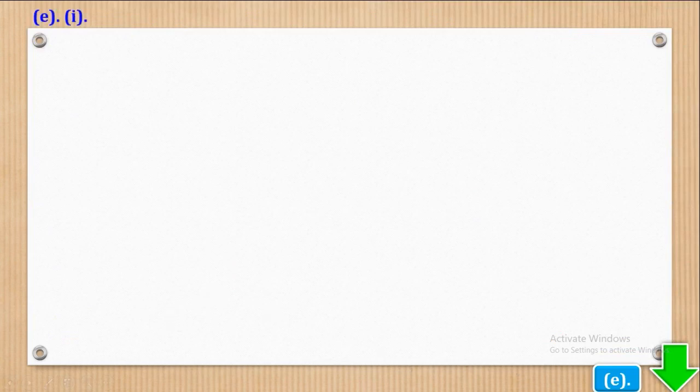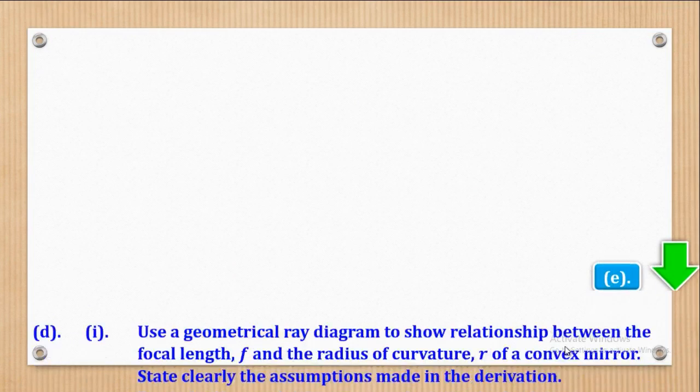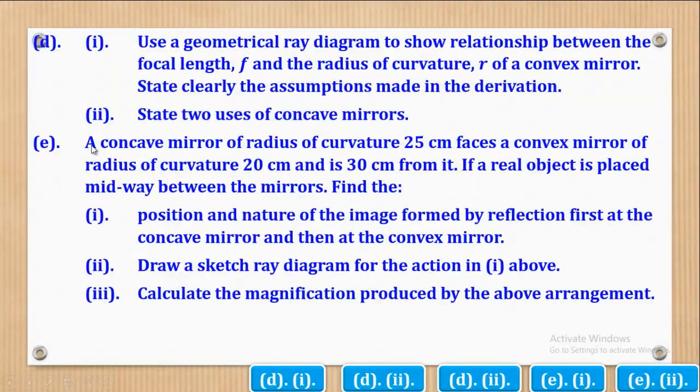So now we shall go to part E. Part E says a concave mirror of radius of curvature 25 centimeters faces a convex mirror of radius of curvature 20 centimeters and is 30 centimeters from it. So the distance between the two mirrors is 30 centimeters.